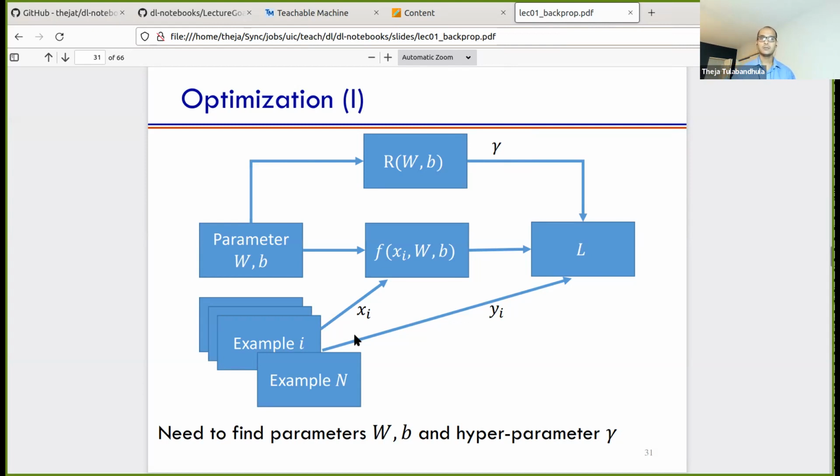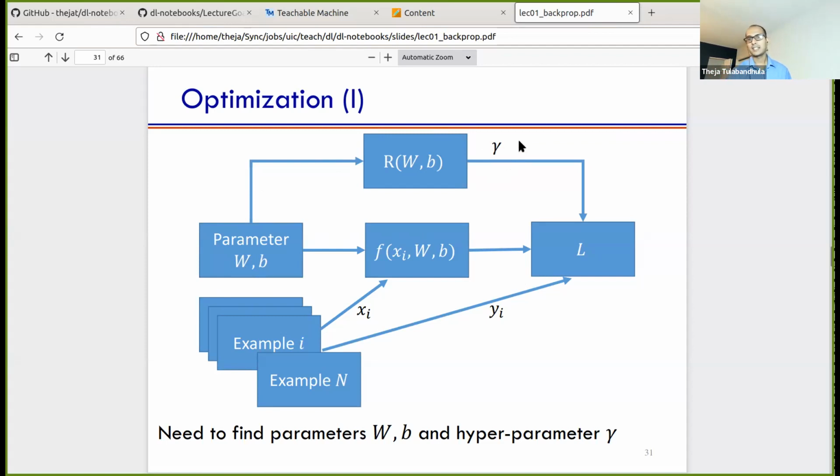Okay, so how does the optimization consideration look like? I just want to put all things together. You have parameters w comma b that enter into the regularizer, and the regularizer is multiplied by typically some number like 0.1, 0.01 or something.